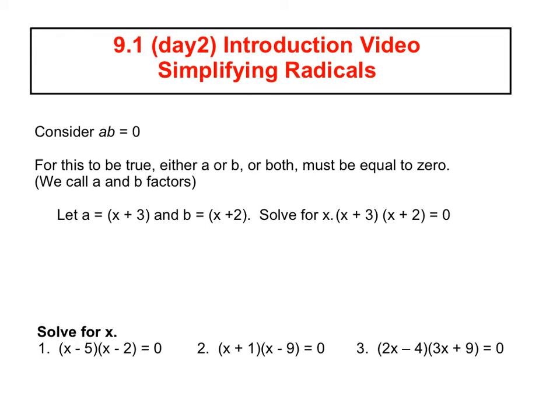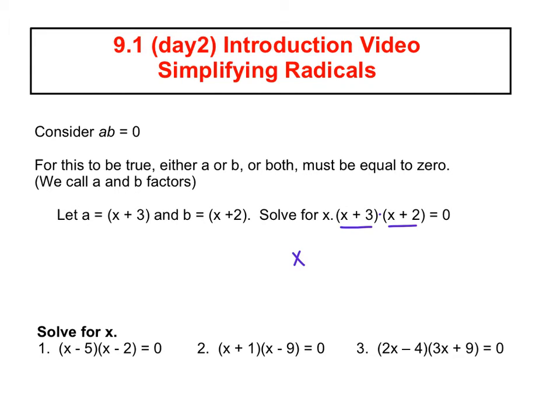So let A equal x plus 3 and B equal x plus 2. Solve for x. So that would look like x plus 3 times x plus 2 equals 0. So we're saying that x plus 3 multiplied by x plus 2 equals 0.